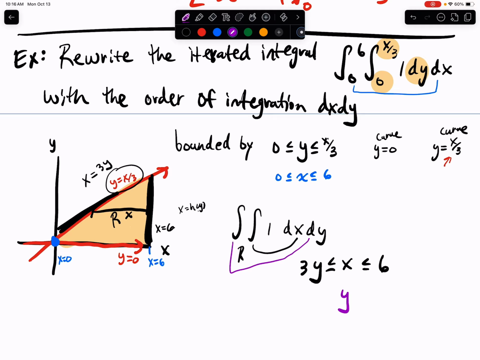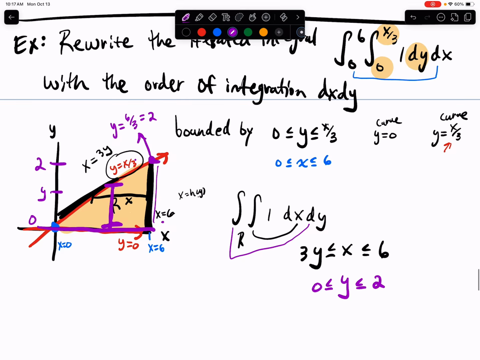The lowest y value, it never goes below 0. And then the highest y value, well, when x is equal to 6, what is that point up there? Y equals 6 over 3, which is 2. So the highest y value is 2. So y ranges between 0 and 2.